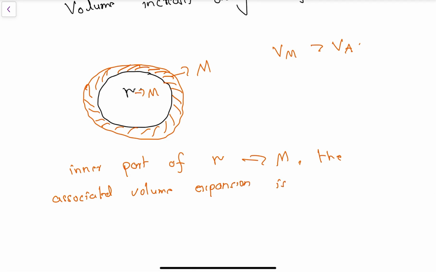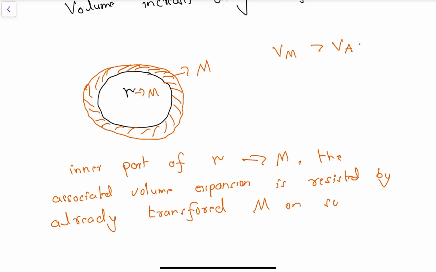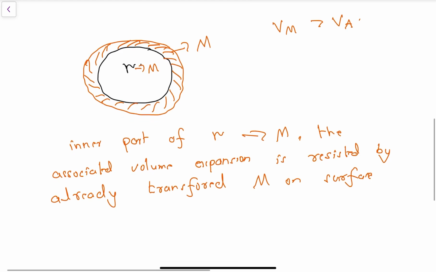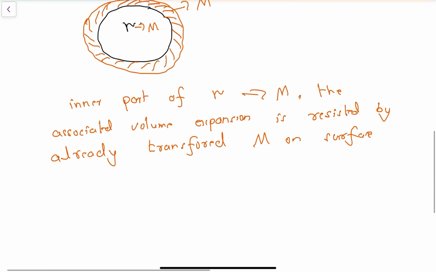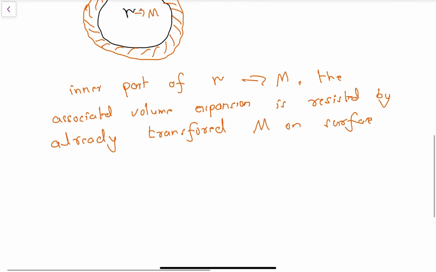Expansion is resisted by the already transformed martensite on the surface. This causes a residual stress.